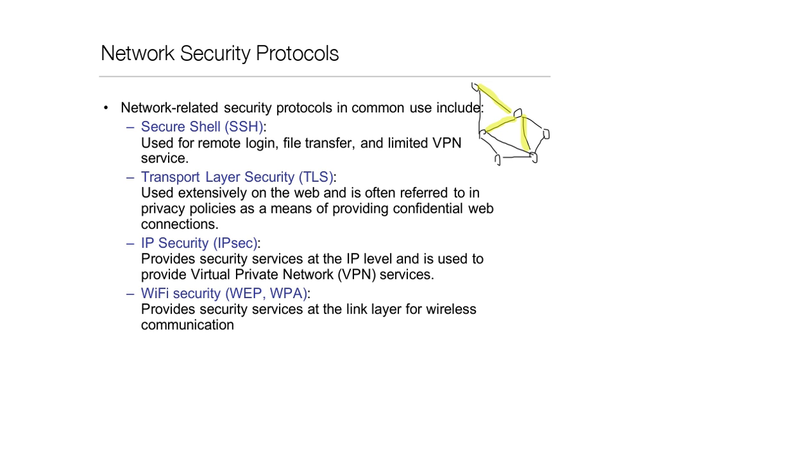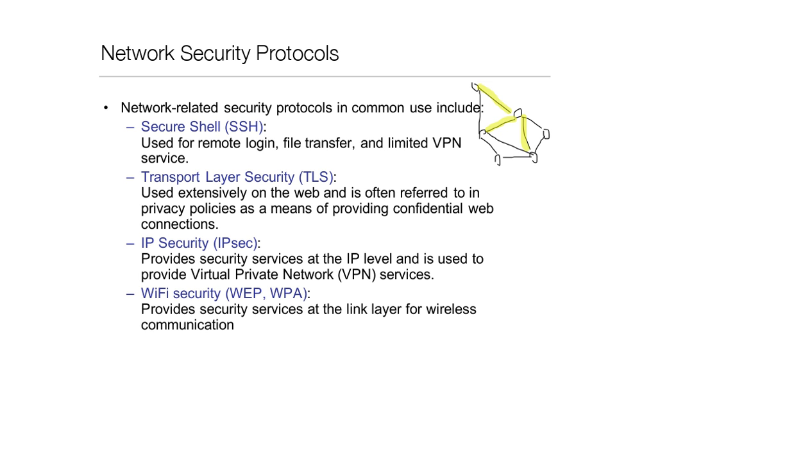You have to share the password that is written under the router, and you have to enter that password when you connect to the router. So Wi-Fi security is there using the WEP protocol. This provides security services at the link layer for wireless communication.